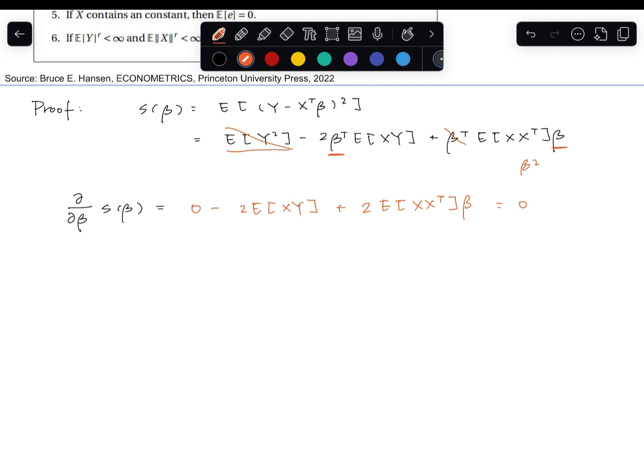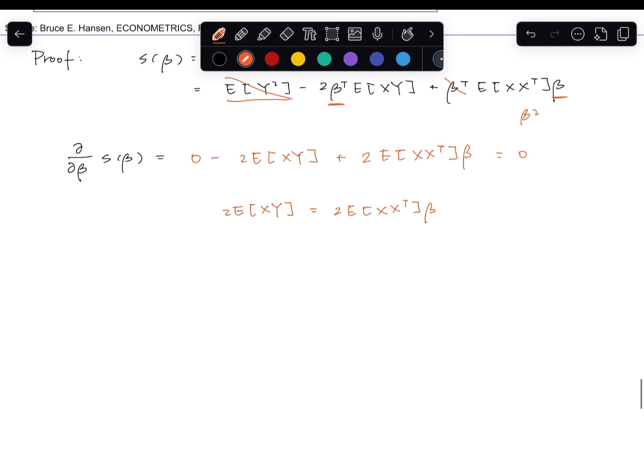Then it has to be 0 to minimize this. Then we can rewrite it by moving beta to one side and the other things to the other side, we will have transpose.